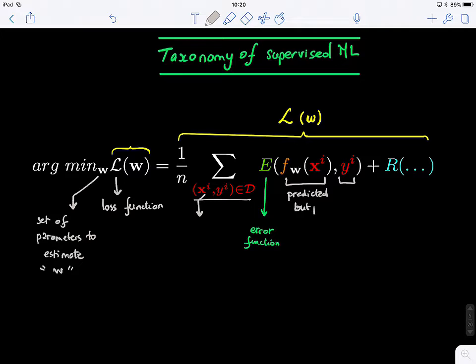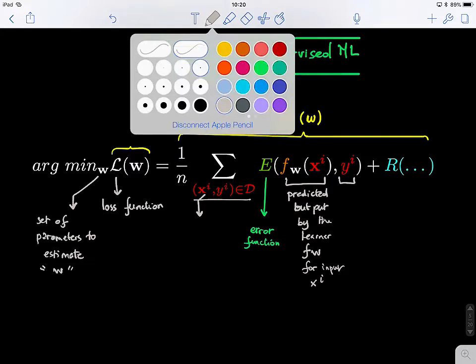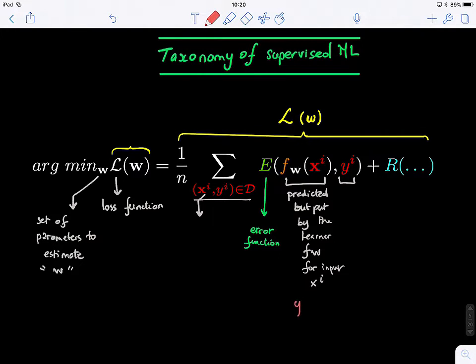output by the learner f_W that we want to estimate for input xi. This is what we sometimes call, with the notation y hat, our estimation, what our learner, classifier, or regressor has predicted, or we can also use tilde.